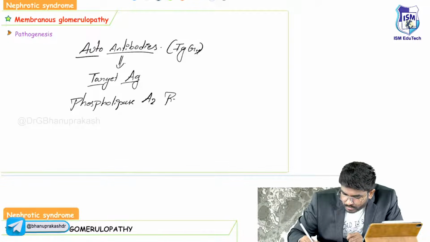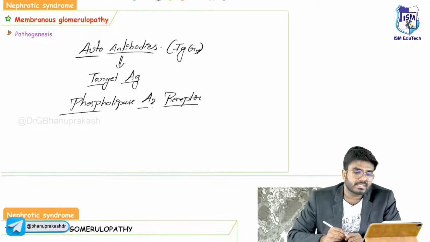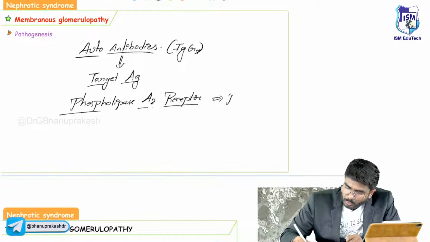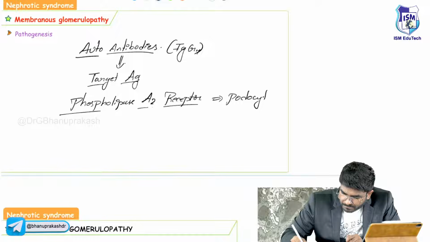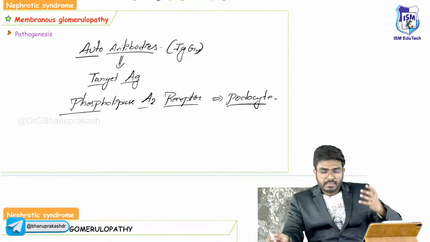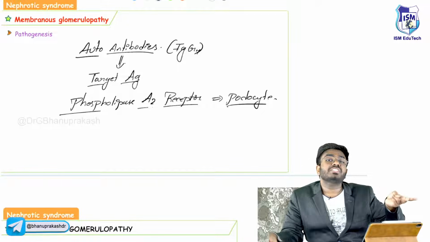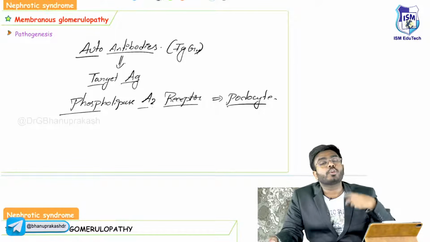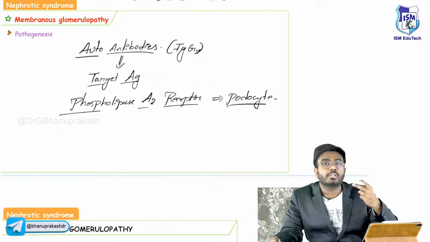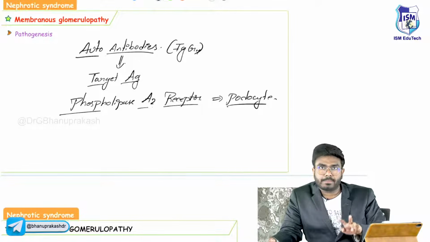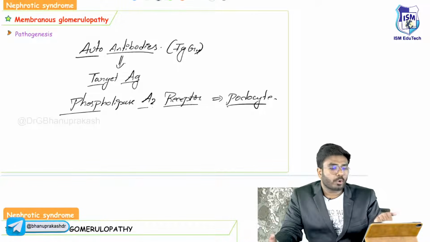Phospholipase A2 receptor, which is present in the glomerulus, actually in the podocytes. That's the problem. In this membranous glomerulopathy, IgG4 autoantibodies are produced against the phospholipase A2 receptor, which is present in visceral epithelial cells, the podocytes.